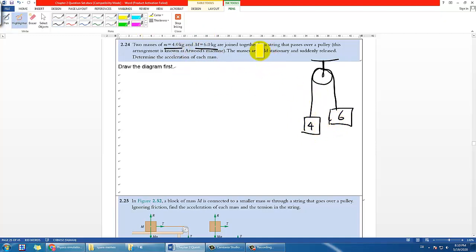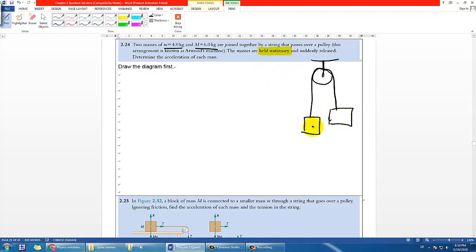The question also tells you that they were held stationary at rest, and in this question it doesn't really matter. Being held at rest would be quite important when they are of the same mass. For example, if they are not 4 and 6, let's say they are 5 and 5, then the configuration, whether it is at rest or not, will be more important.